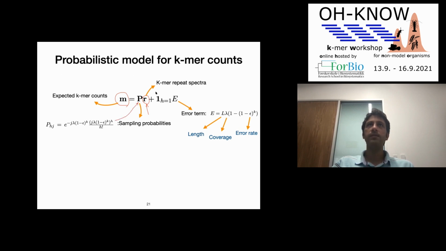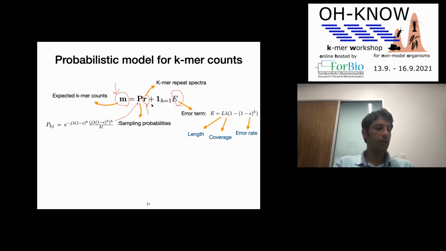So this matrix P here is kind of like, what's the probability that you would sample a position with a certain coverage given its repeat value? And it's also a function of error, right? So both error and coverage impact what we observe. And what we want is just R itself.